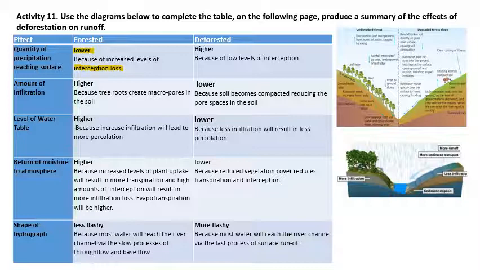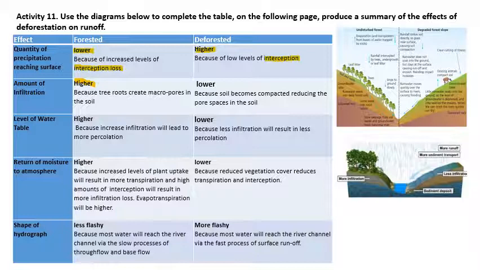Compare that to a deforested area, it's obviously going to be the opposite, so that's higher because you've got lower levels of interception. And you can see on the diagram over here, to the right, that you've got less vegetation, therefore less interception. If we then move on to the next effect, the amount of infiltration, in the forested area this is higher. This is because tree roots create macropores in the soil.